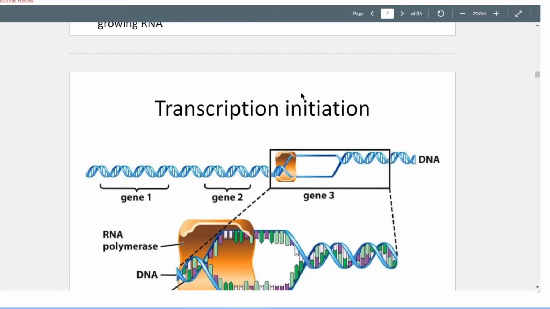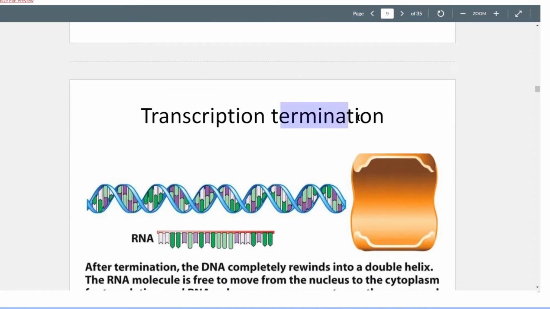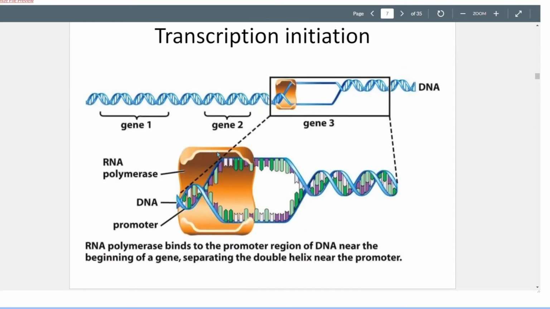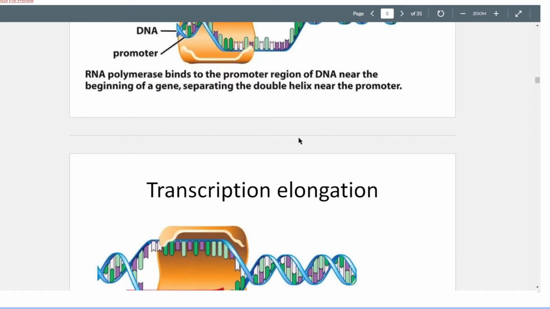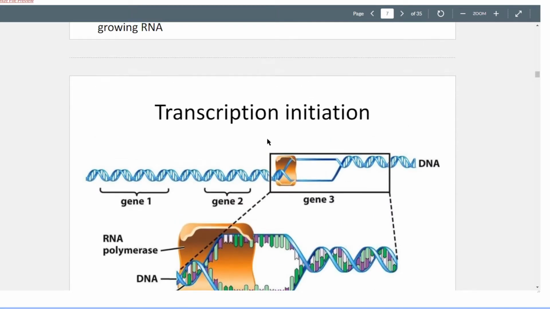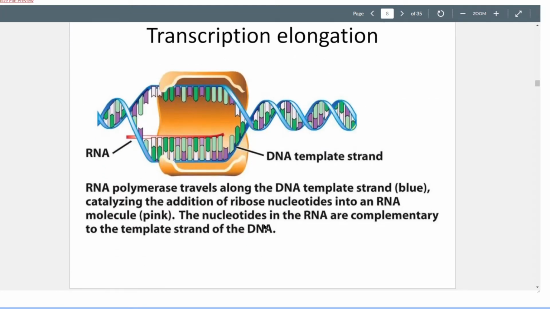So there we have initiation, elongation, and termination. All three are also for transcription and translation. Both of these go initiation, elongation, and termination. Let's start with initiation. We're gonna start with the promoter. We'll break the double helix, and then RNA polymerase will start.